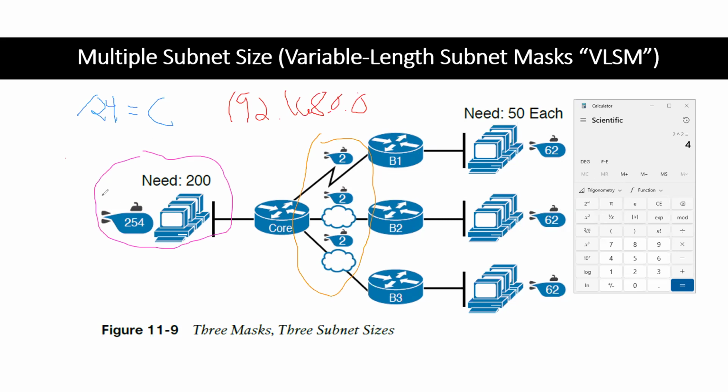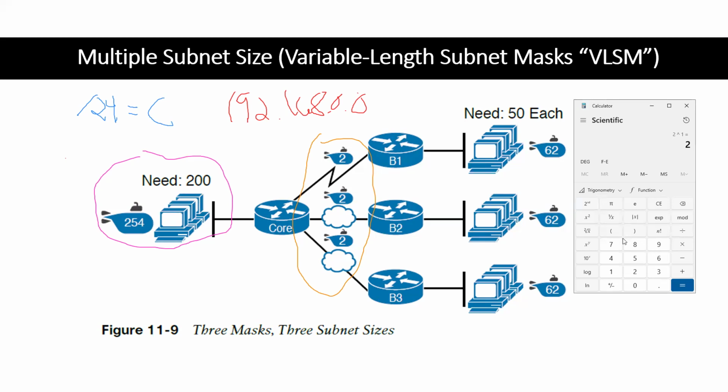And let's go back because we're going to do this a little bit slow. Let me make sure I take my time. So 2 to the power of 1, we have 2 usable IP addresses.